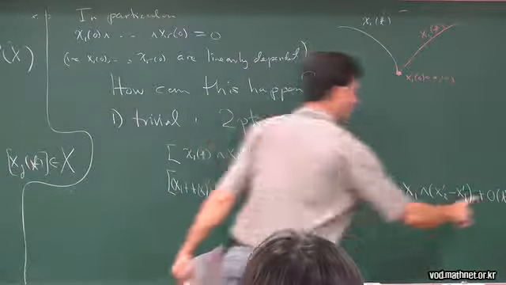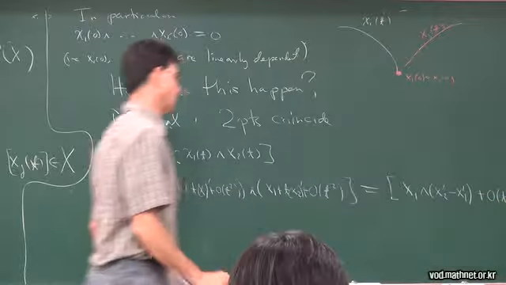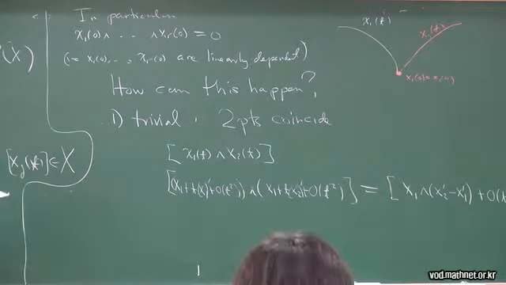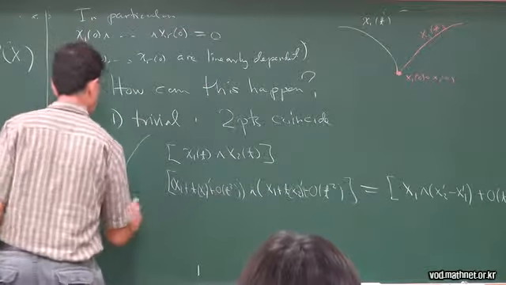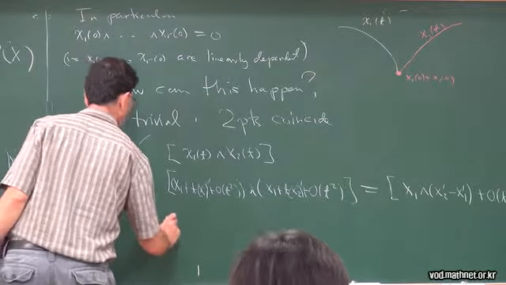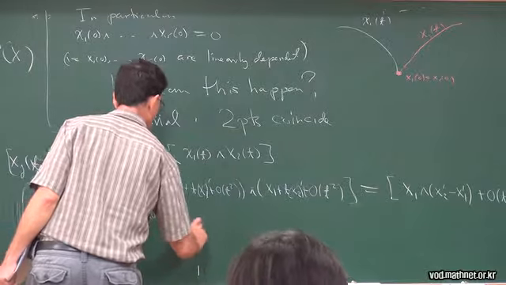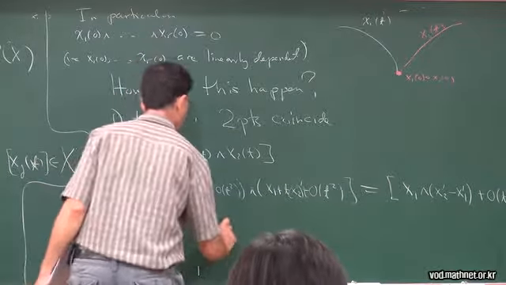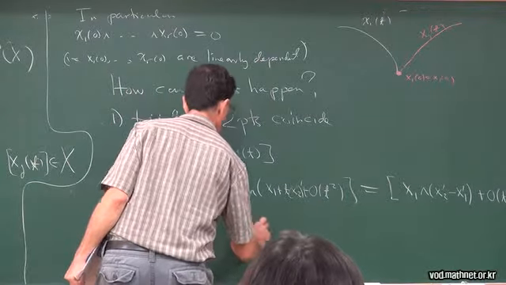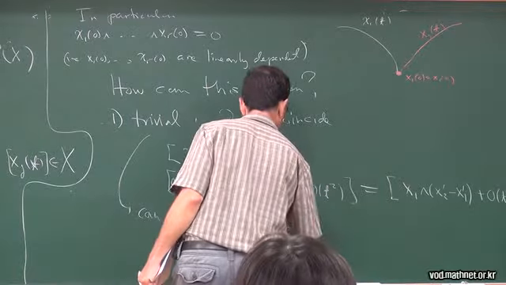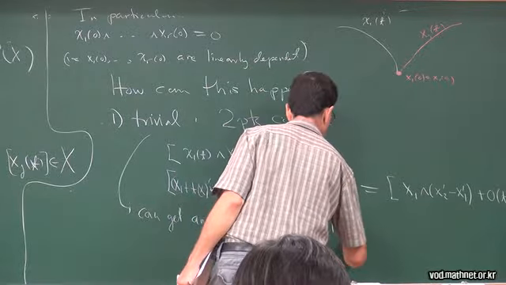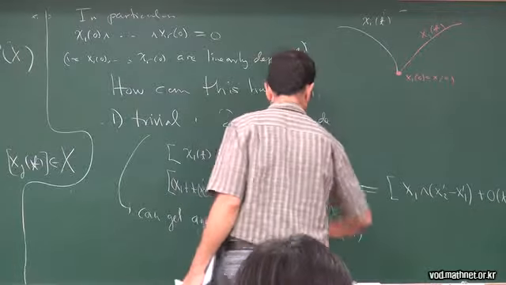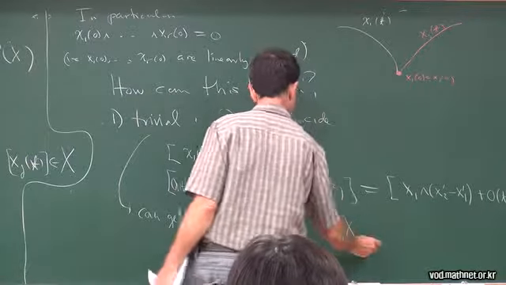Order of t, I can divide by t since I'm in projective space, Grassmannian. So in this case, can get any point on the span of the tangent space to x1 at x, on the tangent space to x1 of x.